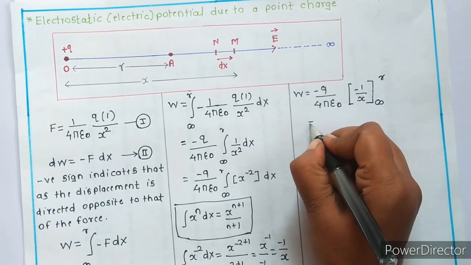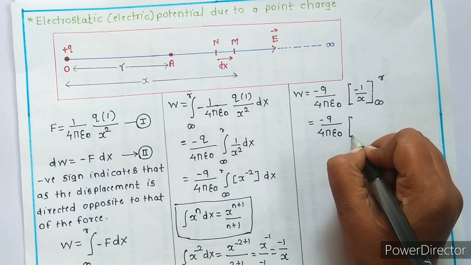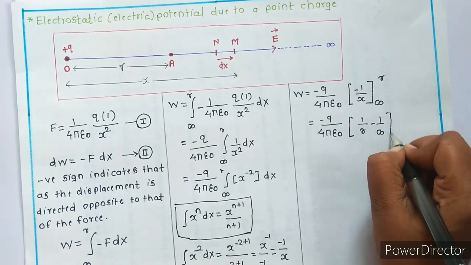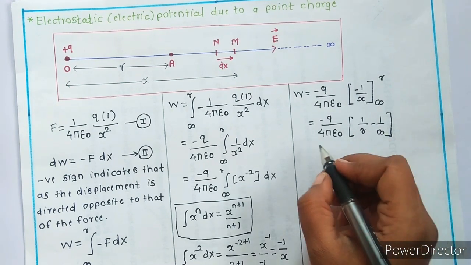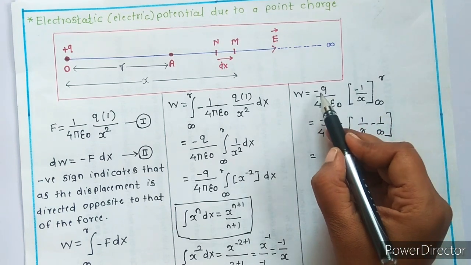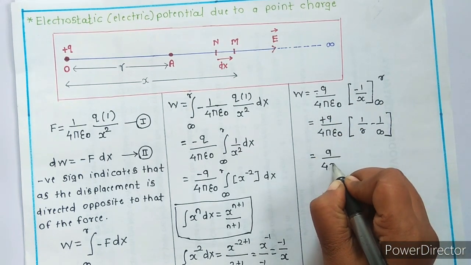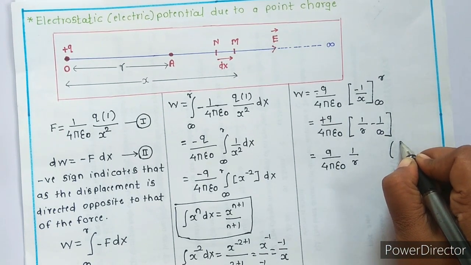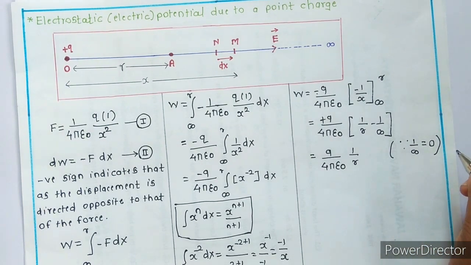Now put the value of limits. Minus Q upon 4 pi epsilon 0 times 1 upon r minus 1 upon infinity. As we know, the value of 1 upon infinity is always 0. So what I get? Minus minus gives plus, so Q upon 4 pi epsilon 0 times 1 upon r, because 1 upon infinity is always equal to 0.